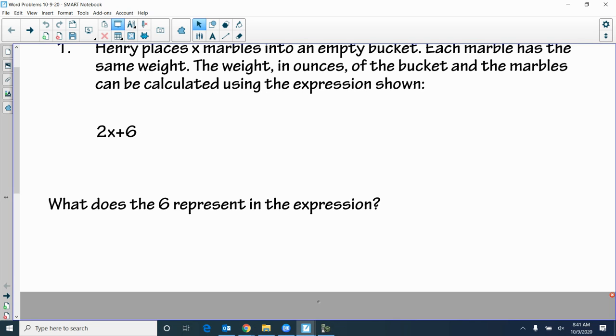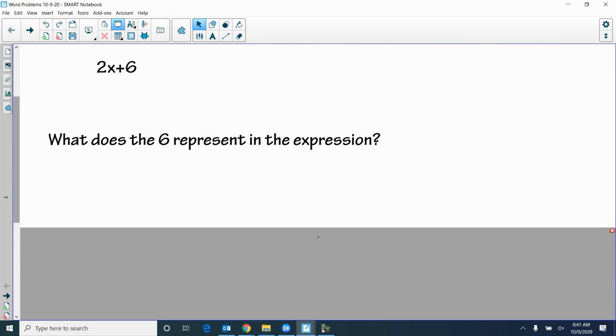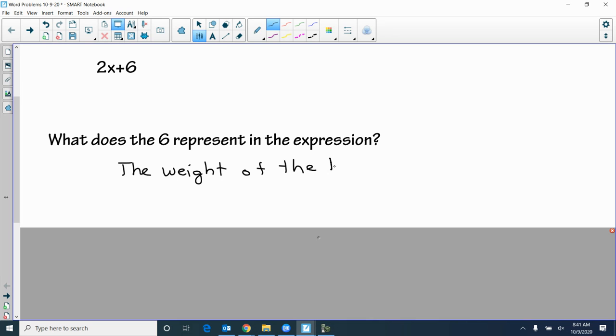So X represents the number of marbles, so it could be 2, it could be 10, it could be 15. 6 is the weight of the bucket in ounces, since everything is in ounces. So the 6 represents the weight of the bucket. That would probably be sufficient, but putting in ounces would be a little bit extra.